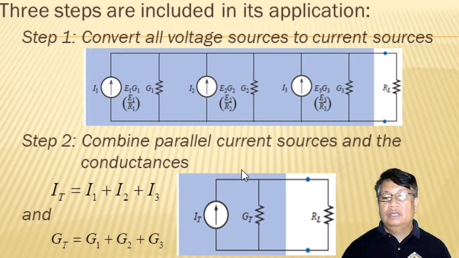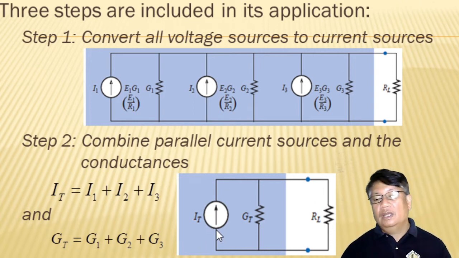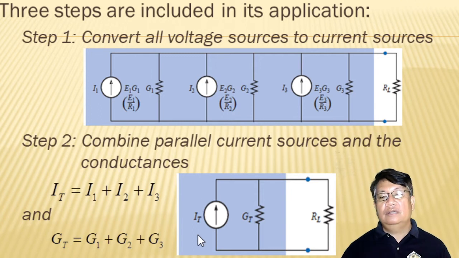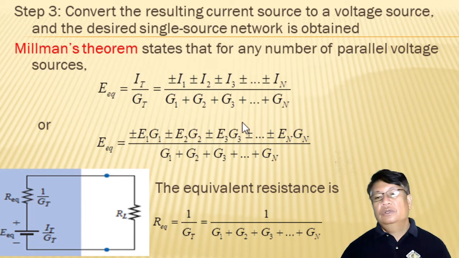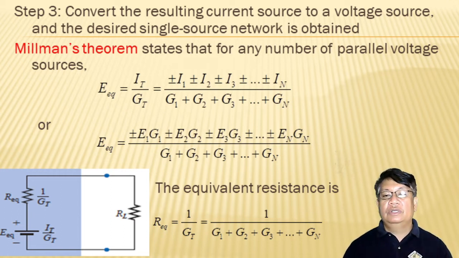We have this circuit here, and this circuit of the source current can be converted back to the voltage source. So for step number 3, convert the resulting current source to its equivalent voltage source, and the desired single source network is obtained.